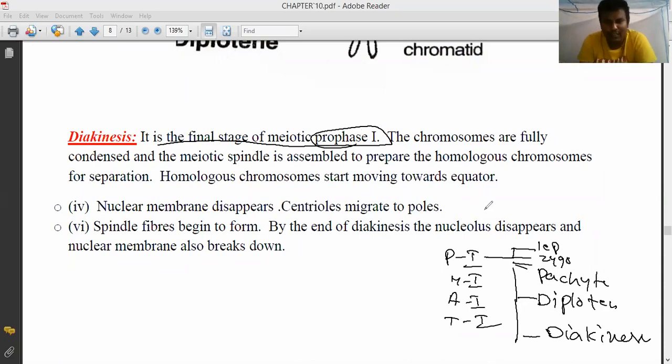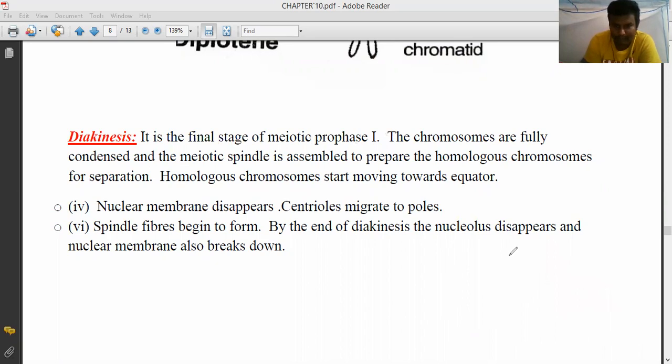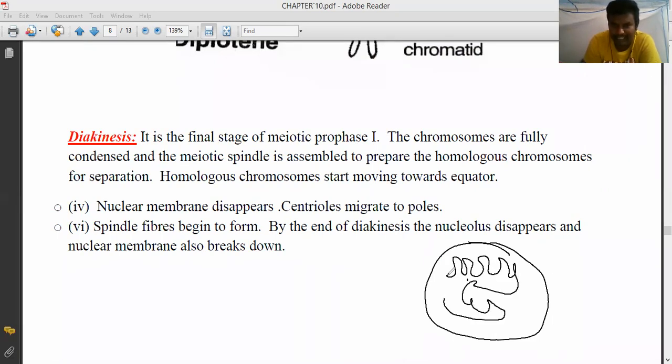So in this one, what happens? All the chromosomes are fully condensed. Condensed means thickened.